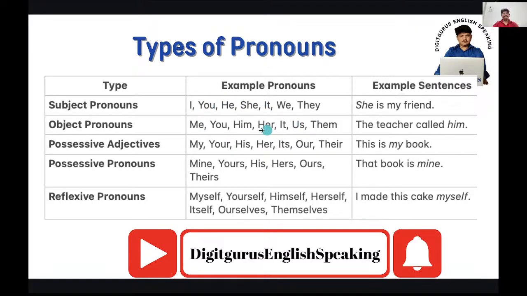Subjective pronouns are I, you, he, it, we, they. Now these are very important. These are the first person, second person, and third person pronouns.